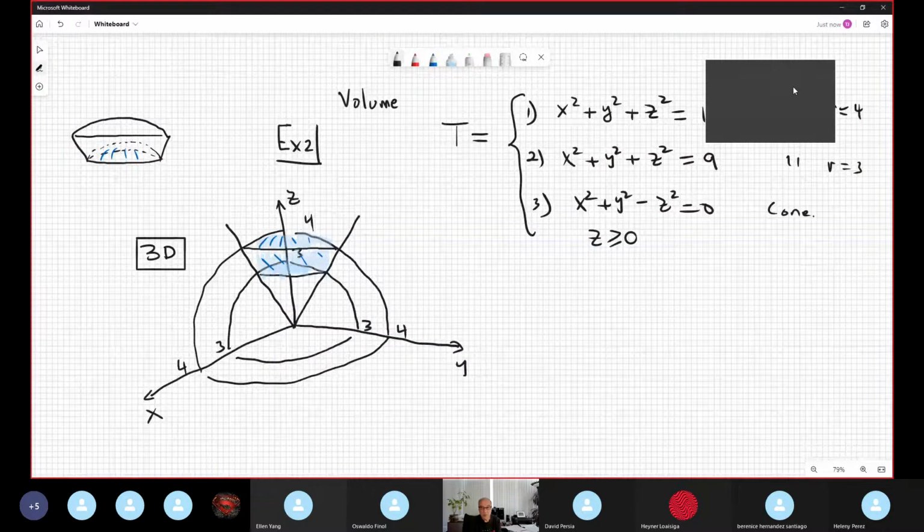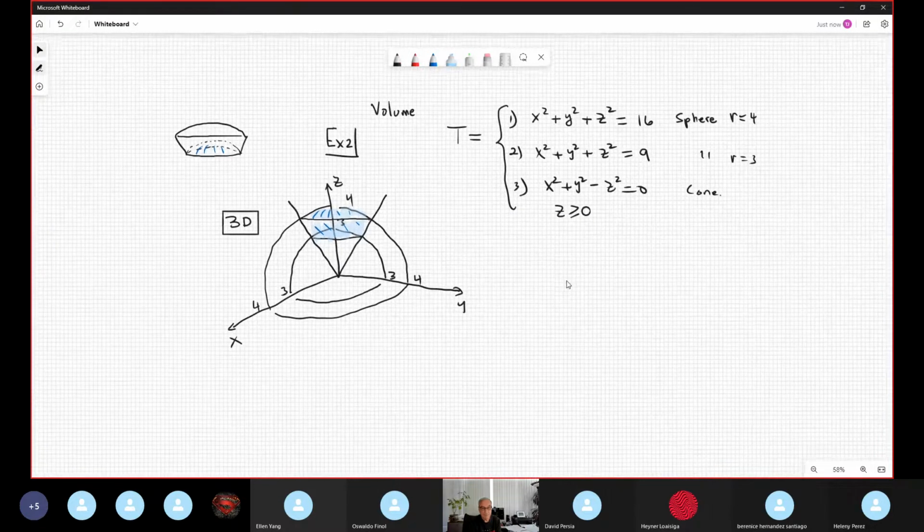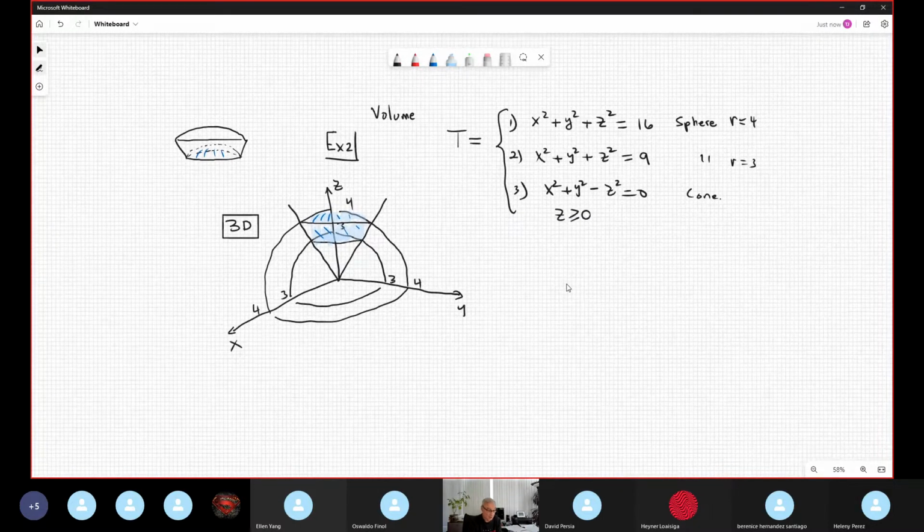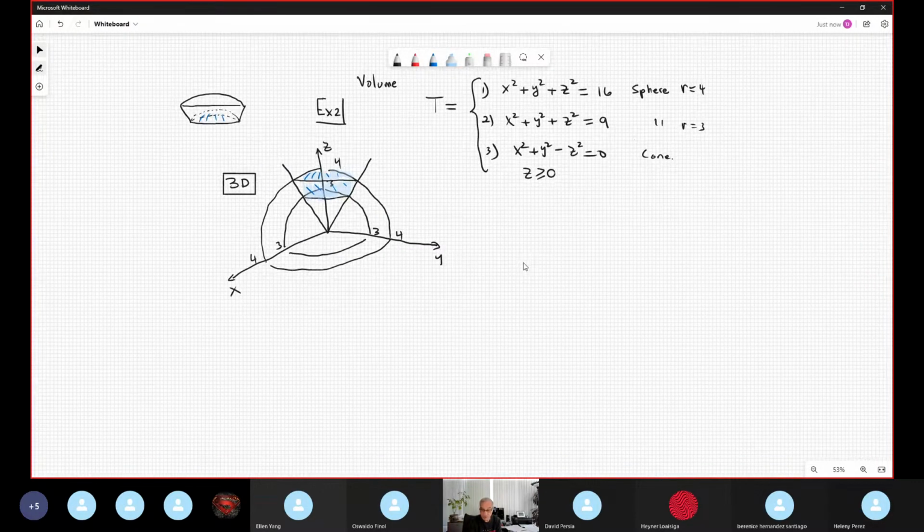Cool. You see the whiteboard? Okay, then, to say I understand. Well, no, I don't understand. To understand much better, we need the views. The floor plan is relatively easy, XY.